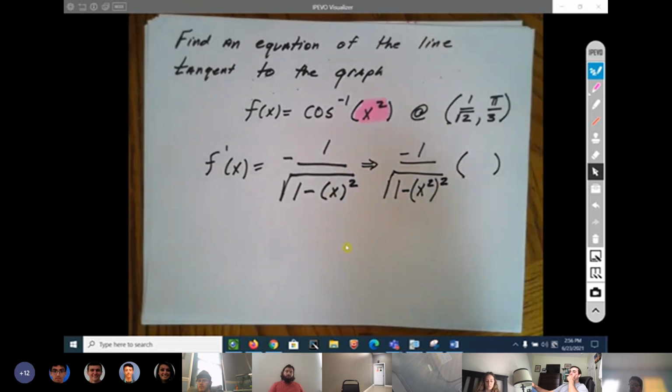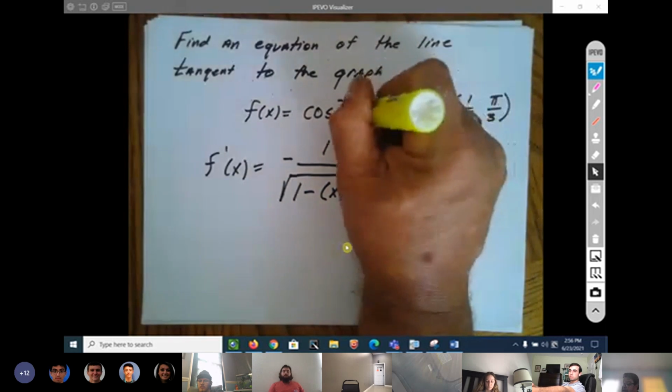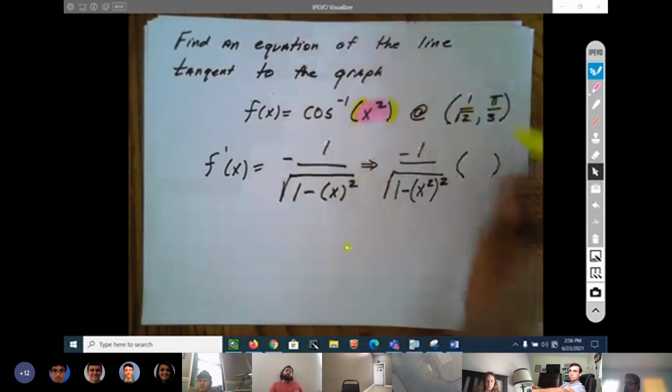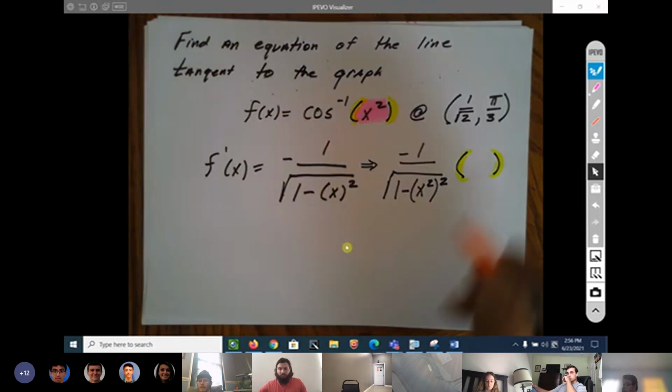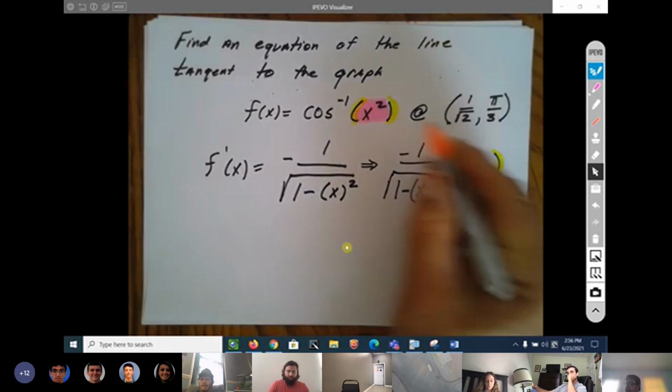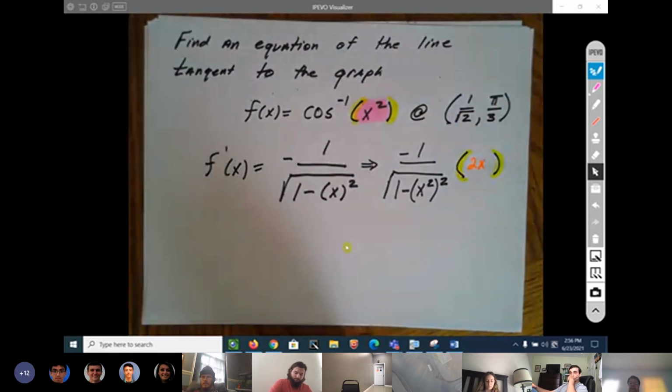times, what's the derivative of what's inside? You've got parentheses here. What's the derivative of x squared? 2x. And I'm going to put that in orange so you will remember: take the derivative of what's inside.